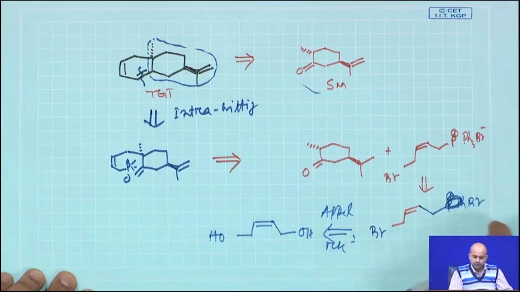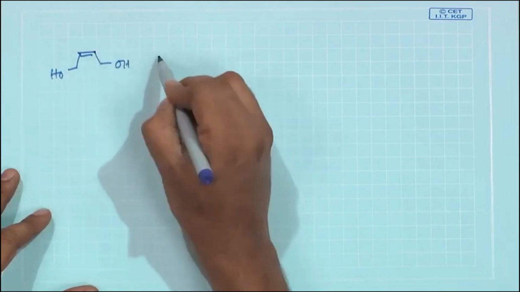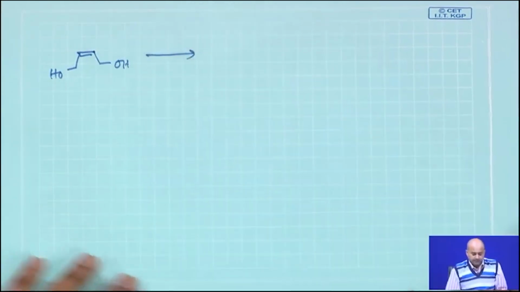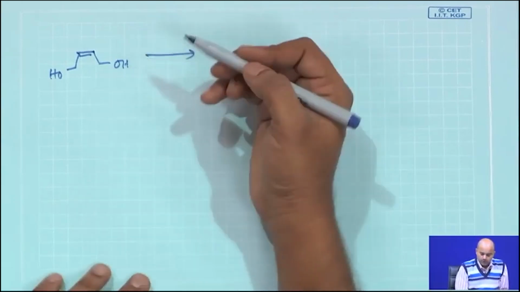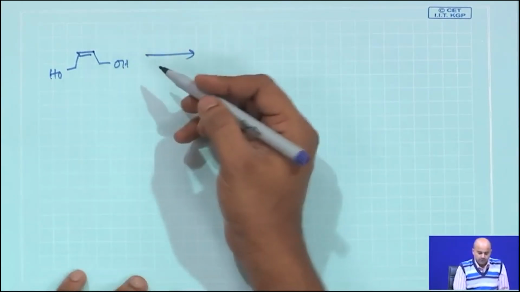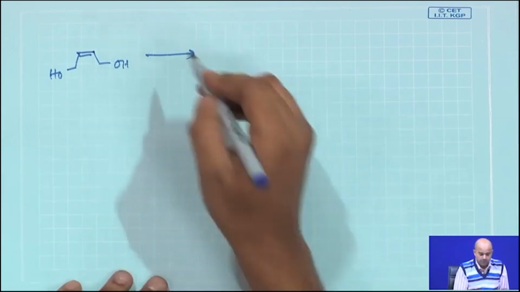So, now we start the forward synthesis and how the synthesis can be achieved. Initially I said you have this alcohol. You can do a double Appel reaction or a single Appel reaction, but probably we will do a stepwise thing so that no regiochemical issue comes in between.